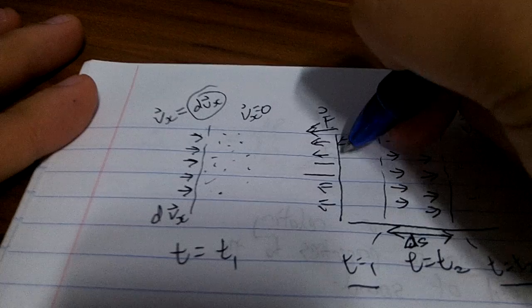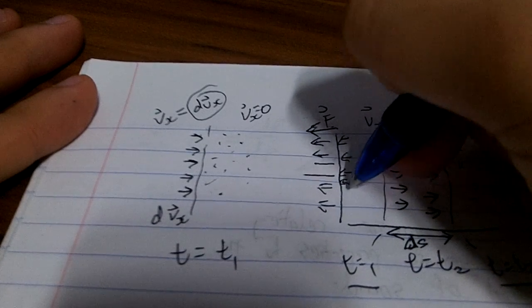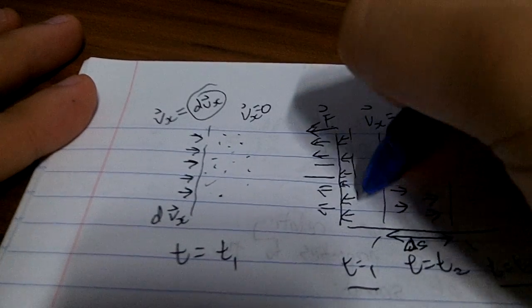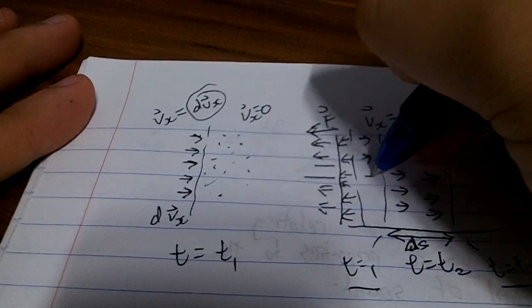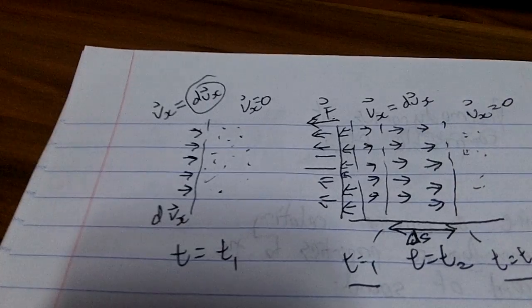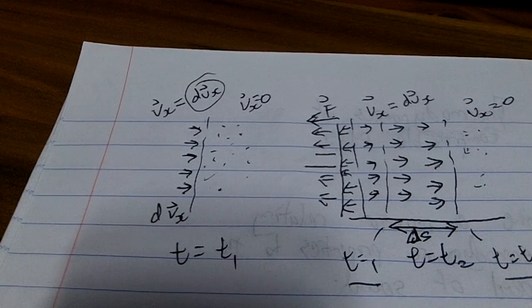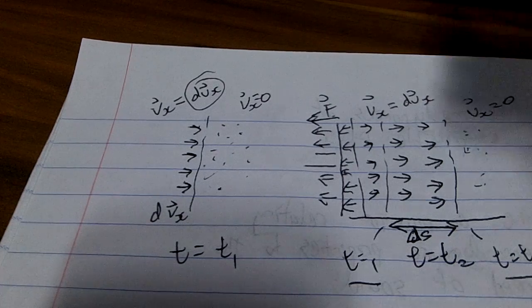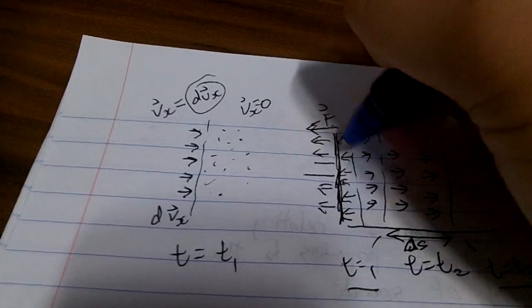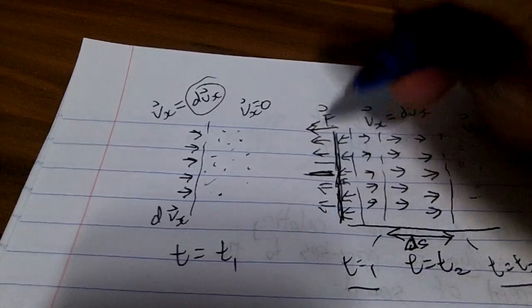And then you will have another wave here, where to the left it's moving at the speed of this speaker, and to the right it's moving here. So that will be how the complete sound wave would be like, going back and forth. I'm sorry it's a little messy, but I hope you get the concept there.